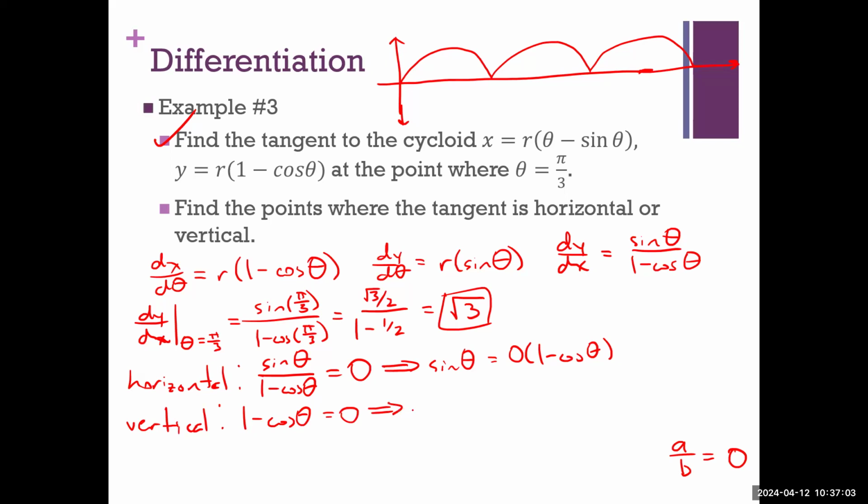Is it really the same places? Not exactly. Oh, the multiples of 2 pi. Okay. So that gives us where cosine theta equals 1, which is negative 2 pi, 0, 2 pi.